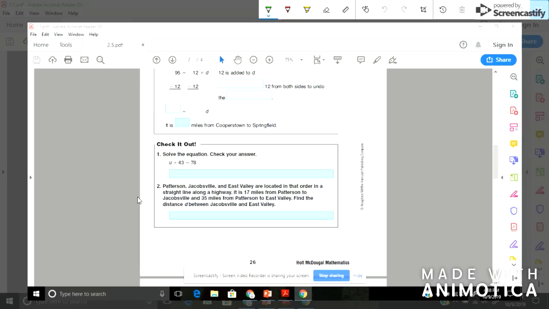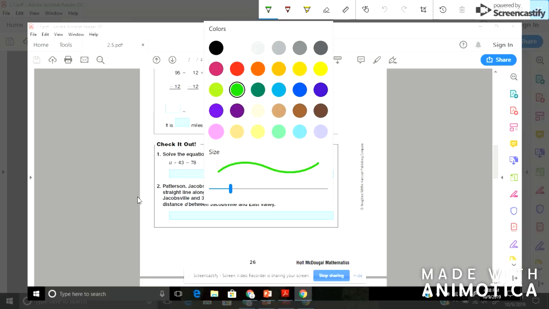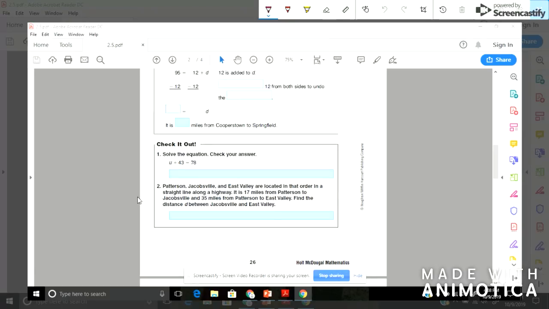All right, I'll work out these two and hopefully you came up with something similar. First one, U plus 43 equals 78. Split it at the equal sign. What number plus 43 will give me 78? Well, to isolate my U, I see that's being added by 43.